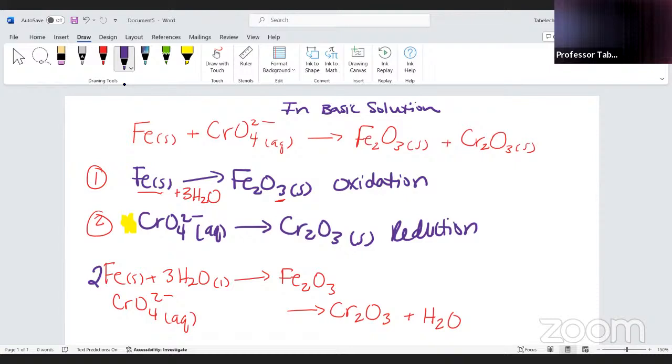But now you have to remember, when I put the 2 there, I'm also going to have to balance everything else out as a result, because we have to deal with those hydrogens. And we have to remember to write those hydrogens in as well, because we can't forget about our hydrogens.